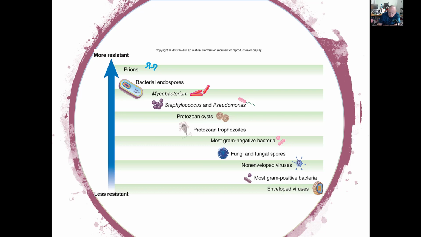And then you look at the bacteria and then protozoa. Some of the gram-positives are more resistant, like staph, and then you look at mycobacterium, which is sort of in between. It has a weird membrane to begin with, and then you get into the endospores, which we'll talk about briefly.